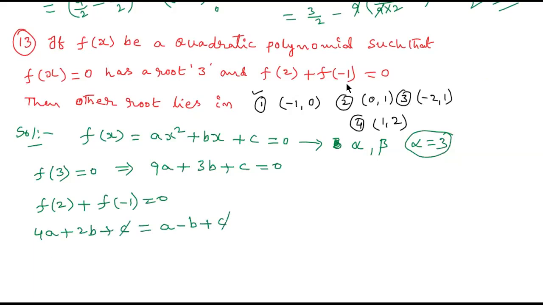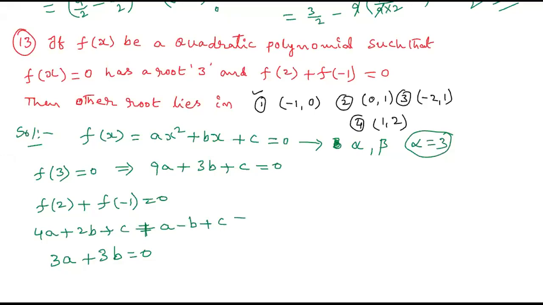Sending to the left hand side, we get 3a, and b also to the left hand side, 3b, that is equal to 0. Here see, a small calculation mistake. f of 2 plus f of minus 1 is equal to 0. Here it is plus, so we can't cancel the term.